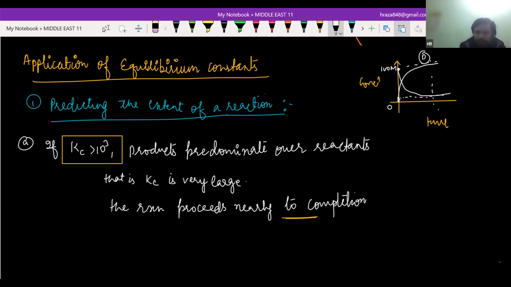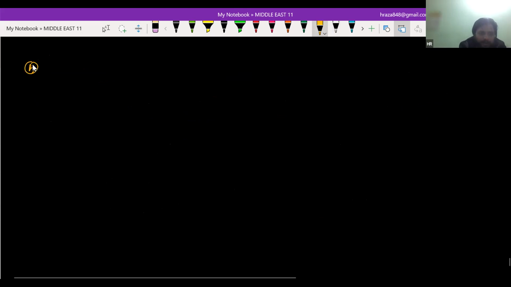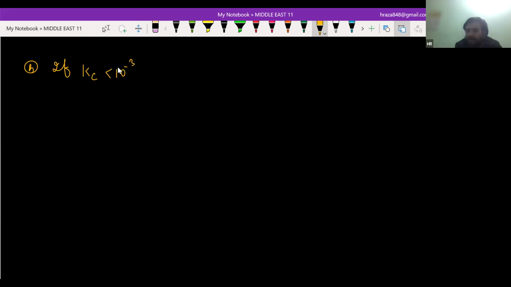Moving to the second case, if Kc is less than 10 raised to the power minus 3, very less, reactants predominate over products.